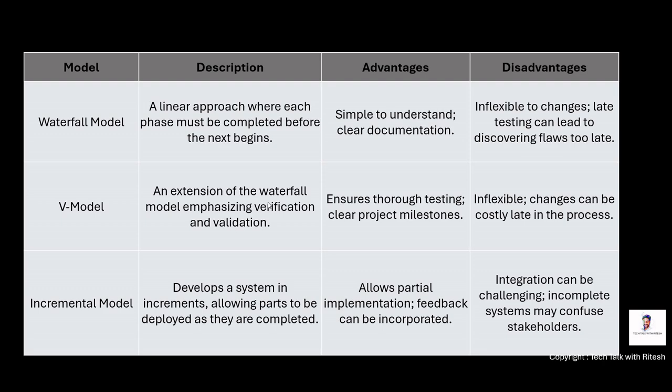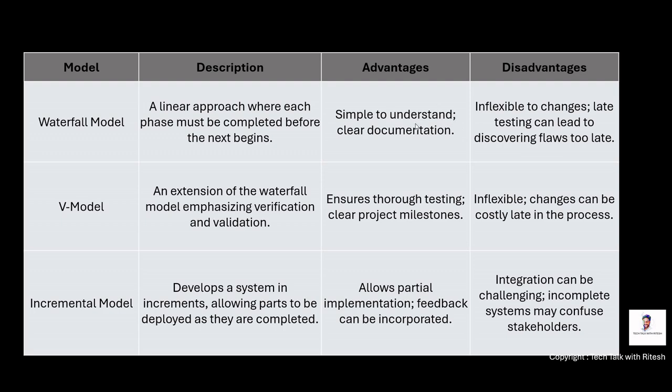So each phase of the development has a corresponding testing phase, giving more stress on testing. The incremental model develops a system in increments, allowing parts to be deployed as they are completed. So kind of agile they have brought in here.